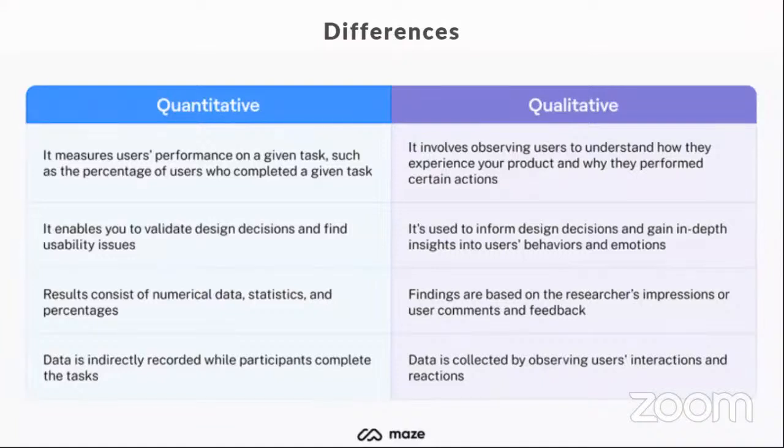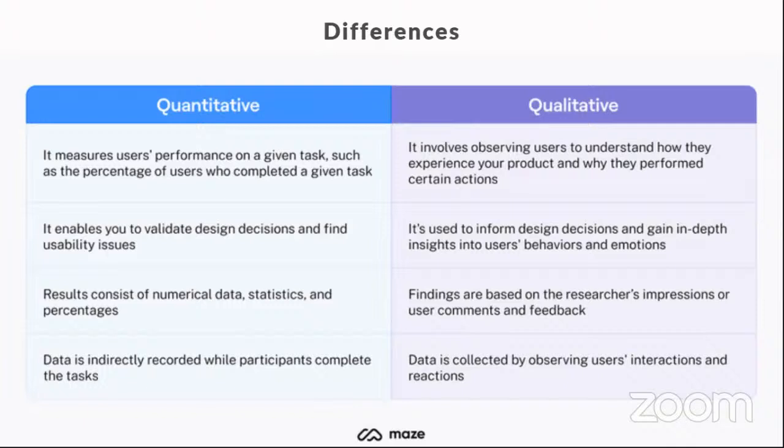So it will validate your decision. If, for example, you wanted them to order something and you made it 5 clicks for them to order something, in quantitative, it tells you how much time it took them to carry out that order. So in quantitative, you are validating, while in qualitative, you are informing your design decisions.